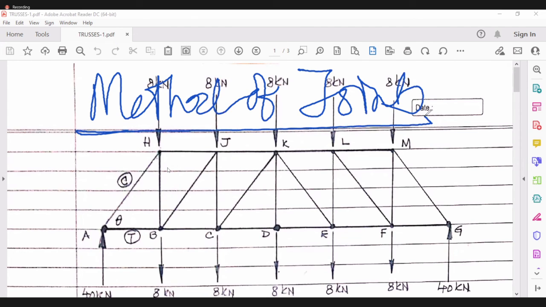The same truss we will solve on Monday by the method of sections.